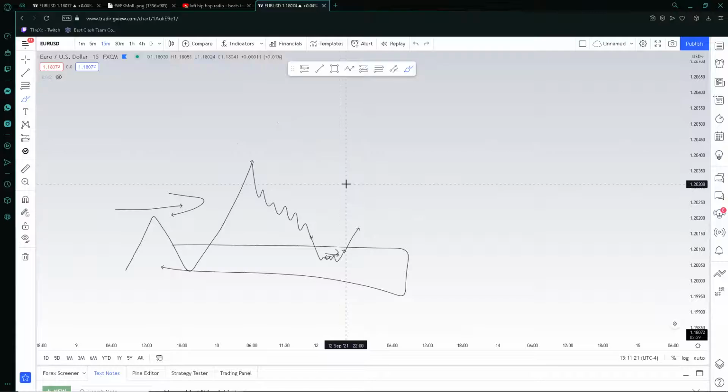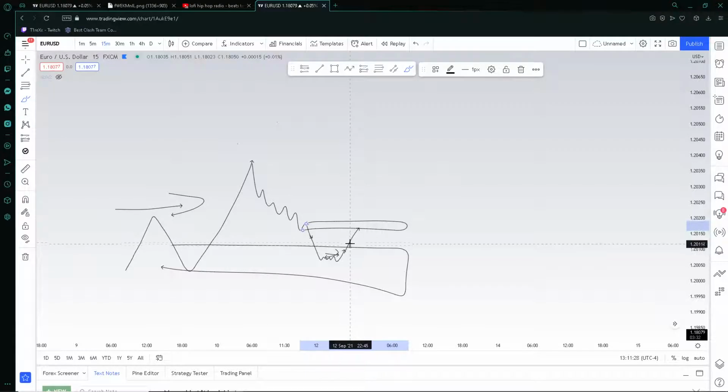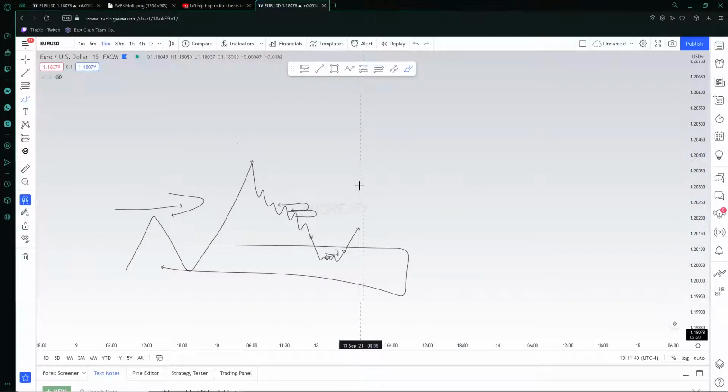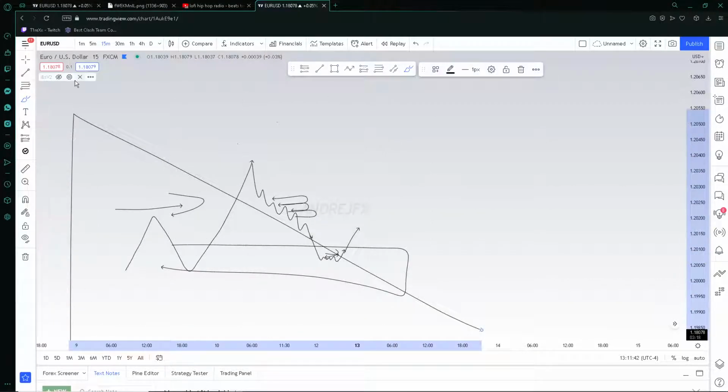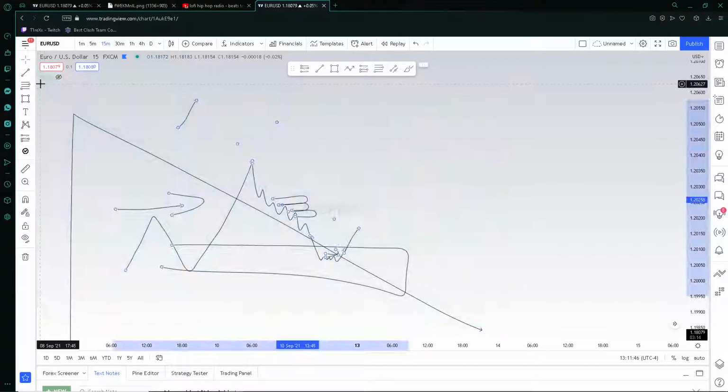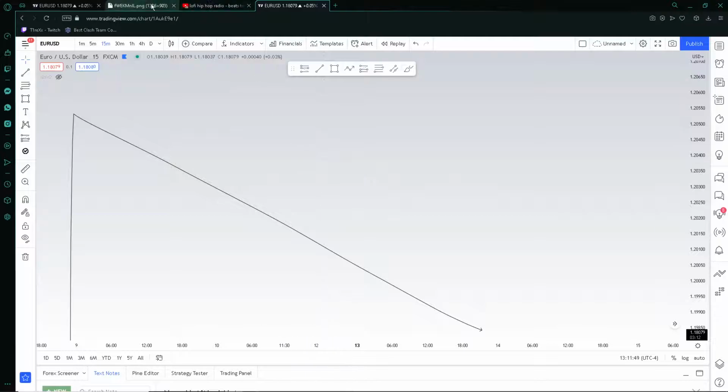What John found out is if you have a zone that's structurally incorrect and invalid, it can still have some mitigation, but the mitigation will only occur and target all the inner liquidity, but still not shift structure to then continue higher. I know it may be a little bit confusing, but it can help a lot of you who are struggling or don't know what zones to focus on and where targets might be.